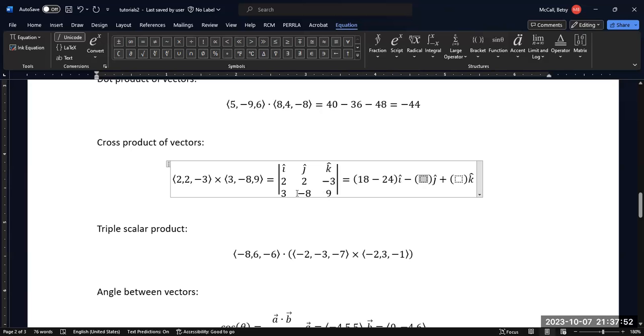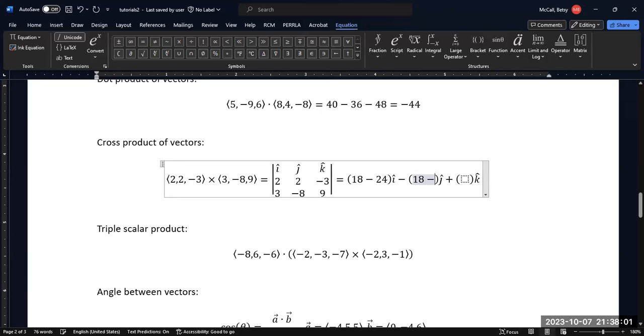In the J component, again, we use the columns that the component is not in. So this is again 2 times 9. And then 3 times -3 is going to be, because it's already negative and we're subtracting it, it becomes +9. And then for the K component, we do these two, the I and J columns.